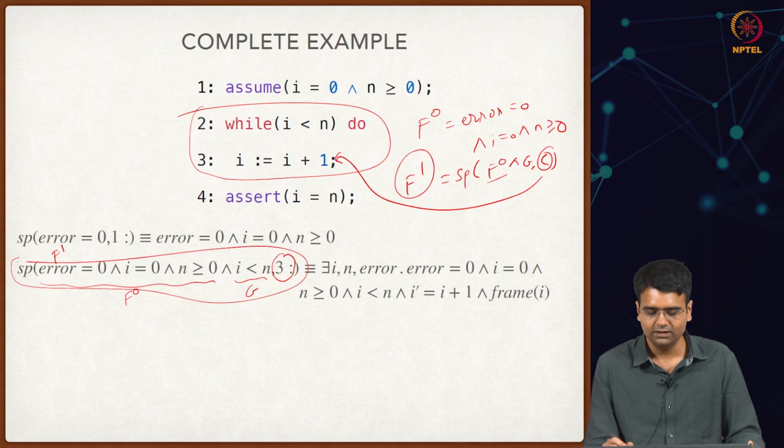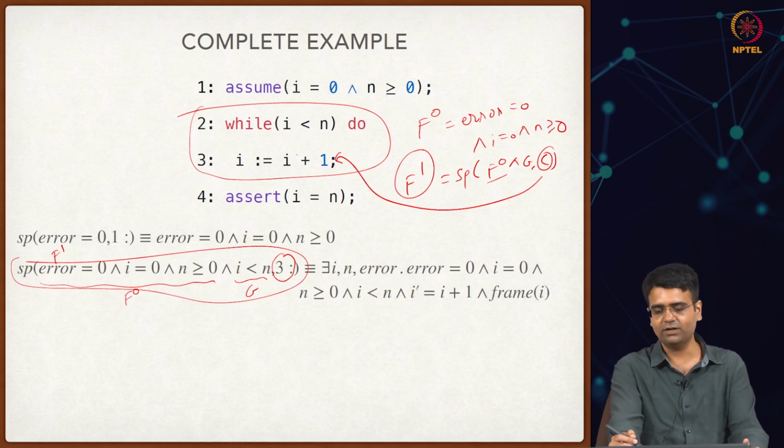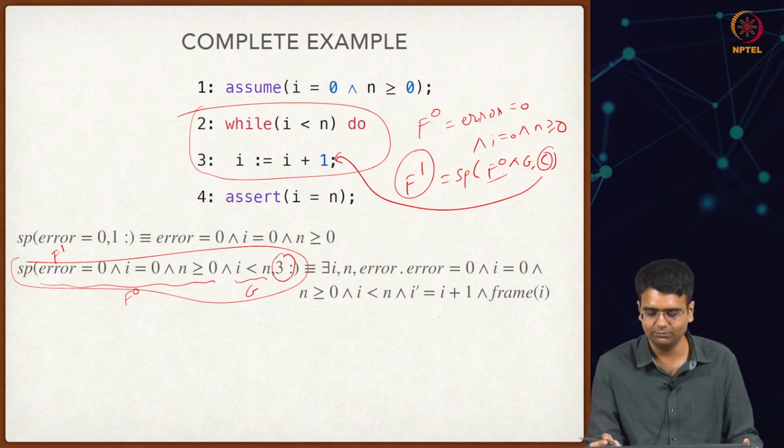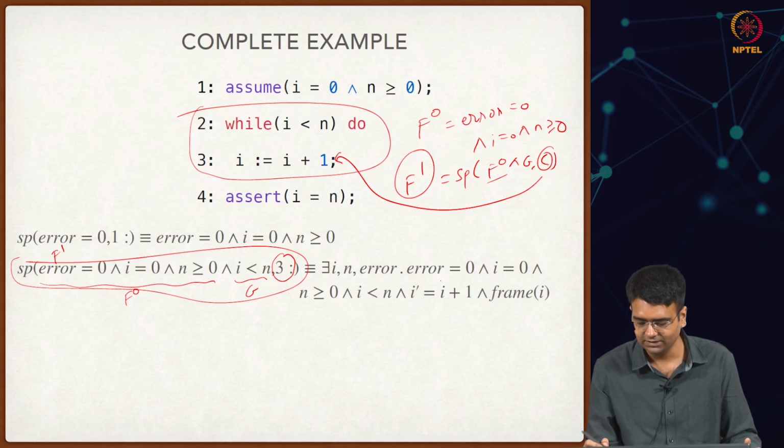Okay. Now again here the statement number 3 is an assignment statement, so I use the formulation for assignment statements. So this is the formulation for assignment statement, that there exists V such that F, which is this formula, error equal to 0 and I equal to 0 and n is greater than equal to 0 and I is less than n, and the FOL encoding of the assignment statement, which is I prime equal to I plus 1 and frame I. So this is nothing but row of I colon equal to I plus 1.